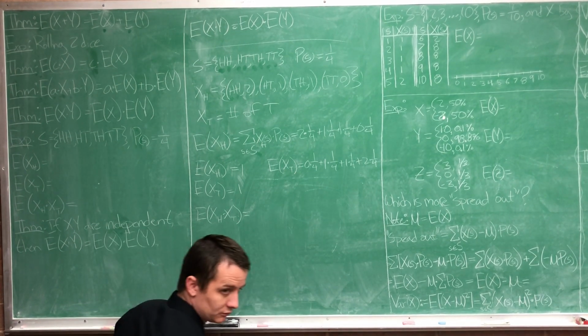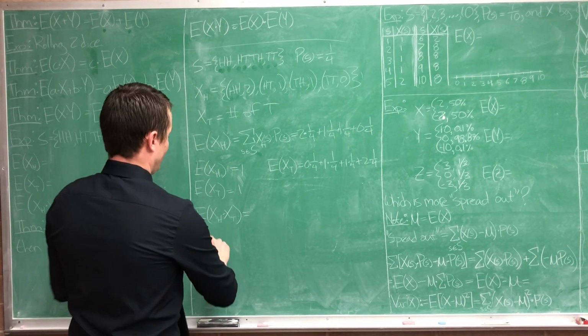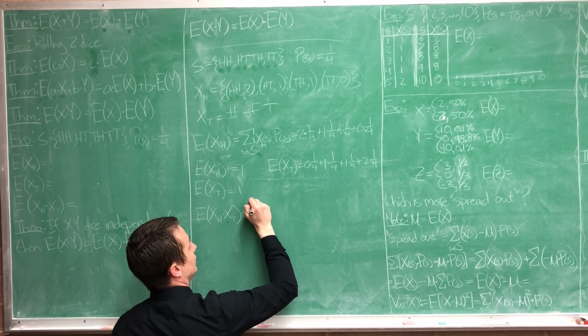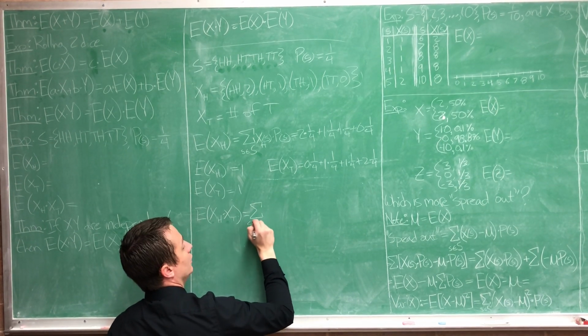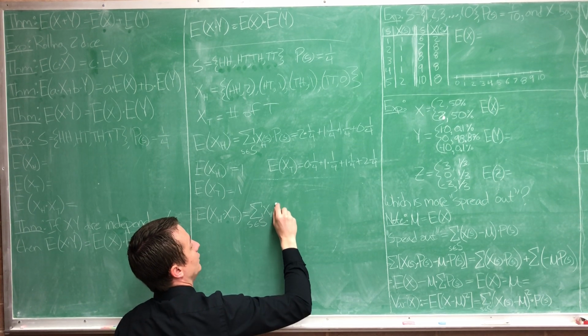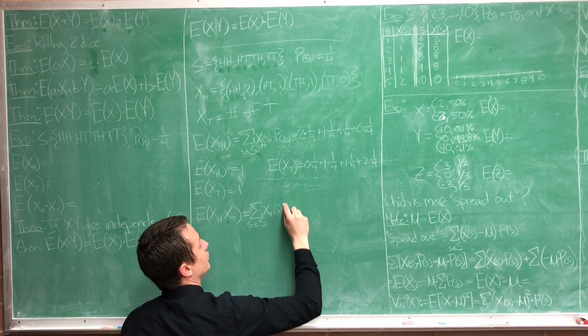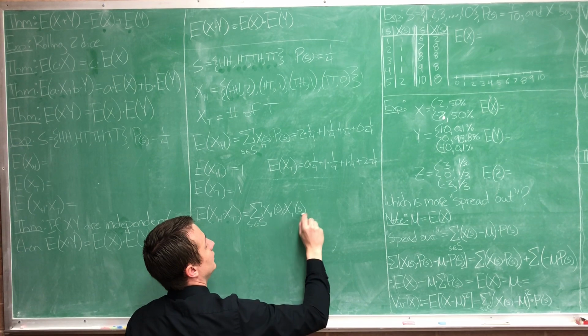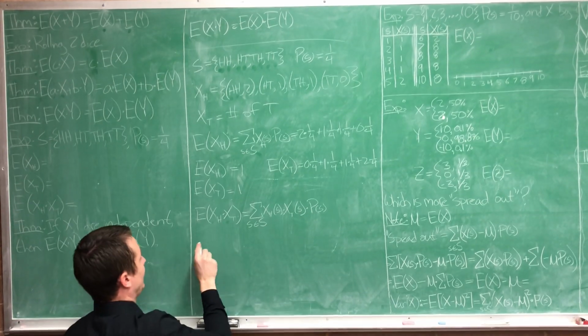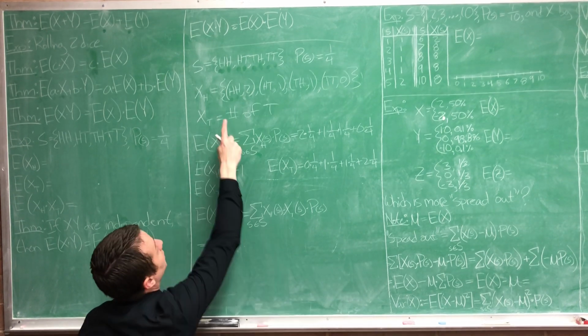Now let's figure out the expected value of X of H times X of T and see what we get. Let's remind ourselves what exactly this is going to be. This is going to be the sum for all little s in big S of X of H of s times X of T of s times the probability of s. So let's calculate that. What do I get when I plug in HH?